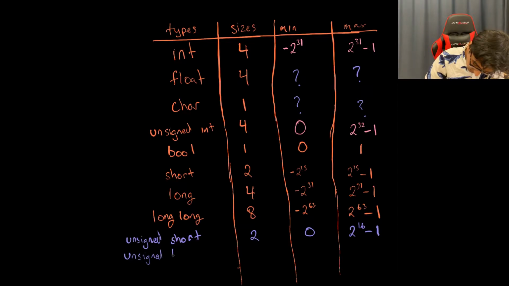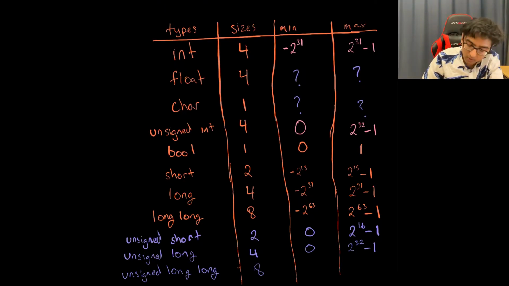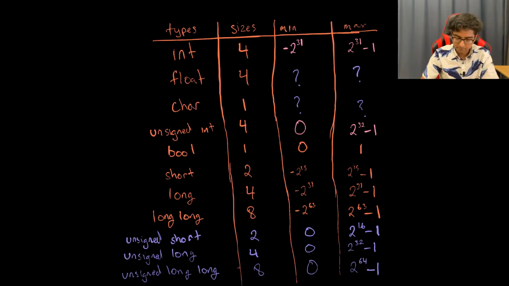Unsigned int, which is also 4 bytes, but goes from 0 to 2 to the power 32 minus 1. And unsigned long long, which is 8 bytes as well, but goes from 0 to 2 to the power 64 minus 1.